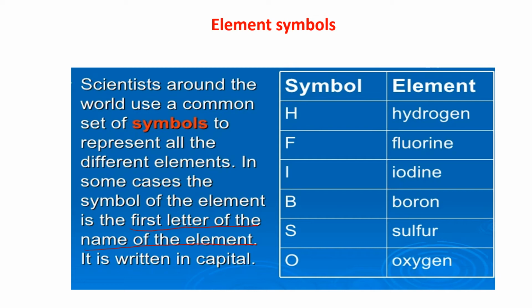All over the world, people have accepted this symbol. Hydrogen is known with capital H, fluorine with capital F, iodine with capital I, boron with capital B, sulfur with capital S, and oxygen with capital O. These all are elements.